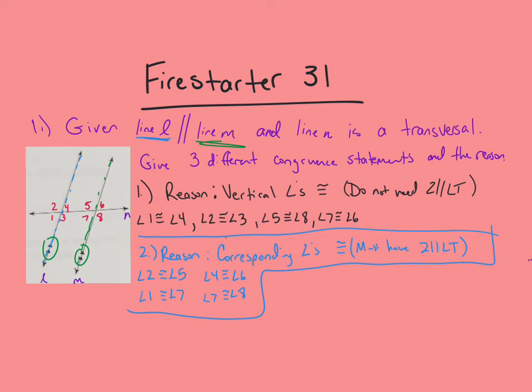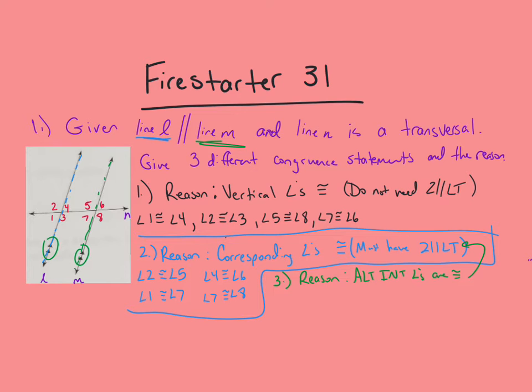The third thing I could talk about, the third reason, and this is something we've discussed before, alternate interior angles are congruent. Once again, you must have 2 parallel lines cut by a transversal. So I look on the inside of the 2 parallel lines.